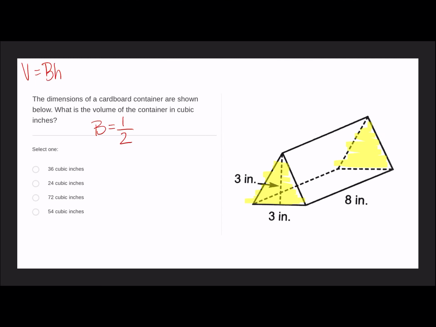So 1/2 base times height. This would be our base for a triangle, and this would be our height of our triangle. So 3 times 3 is 9. Half of 9 is 4.5.